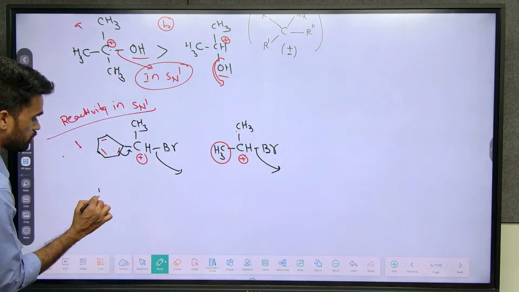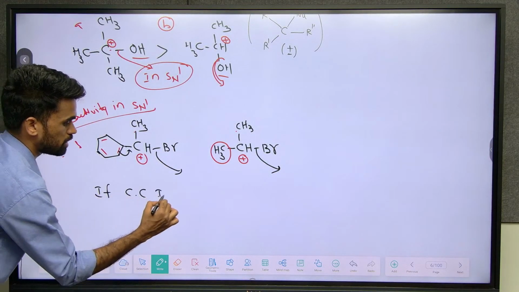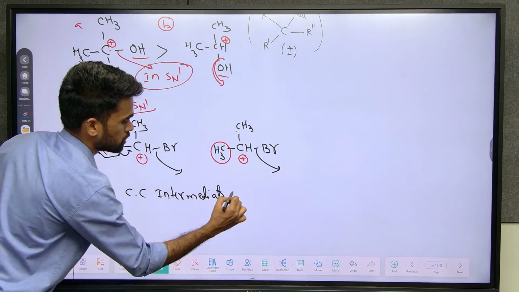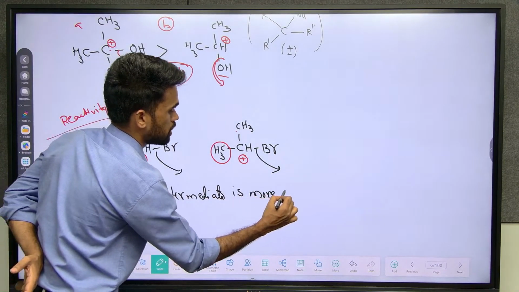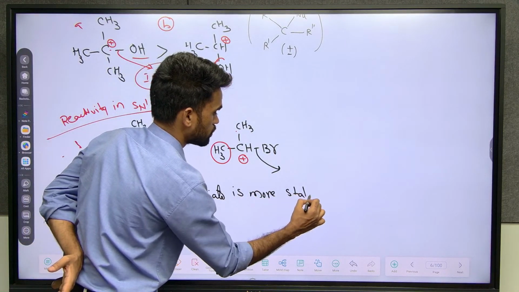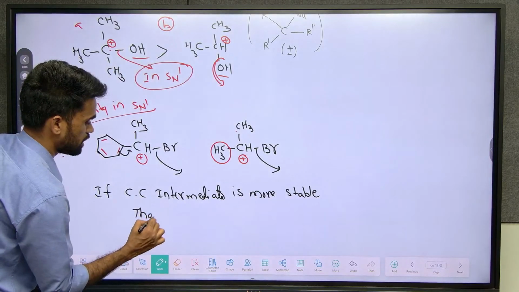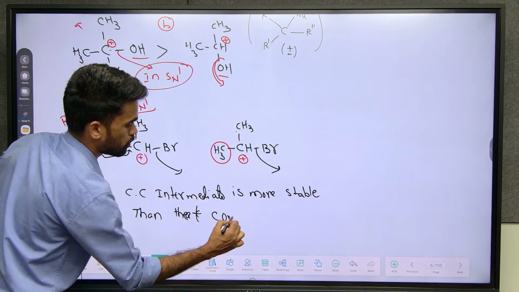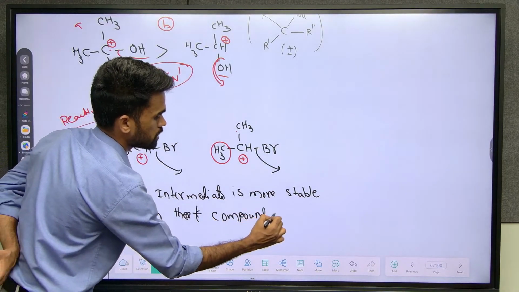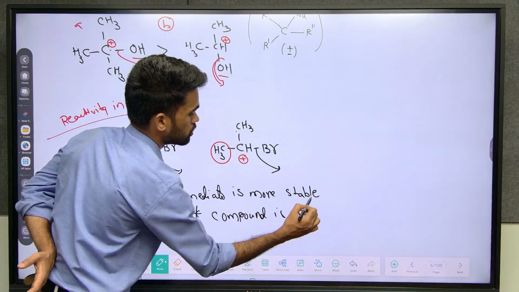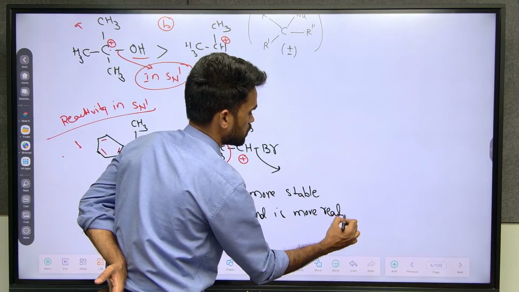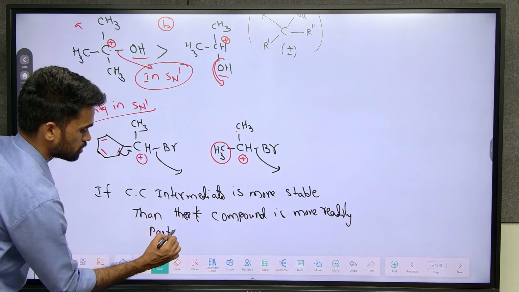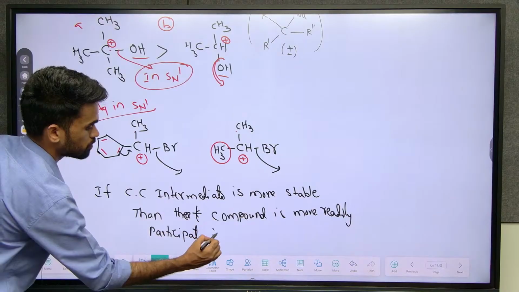Okay. If the carbocation intermediate is more stable, then that compound is more readily participating in the SN1 reaction.